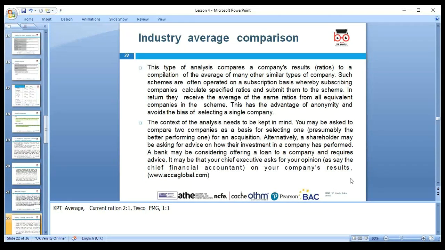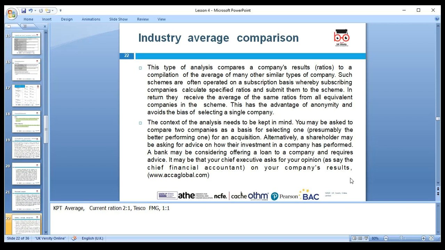Industry averages we can use, and we can compare this type of analysis: compare the company's result ratio to the average of many similar types of companies. We can look around and compare what the average is. For example, people say the food industry has a very high return.